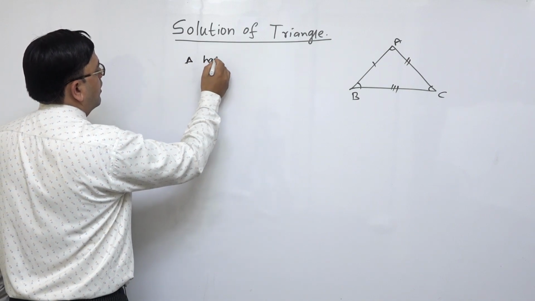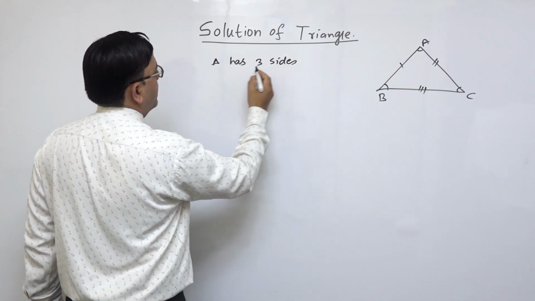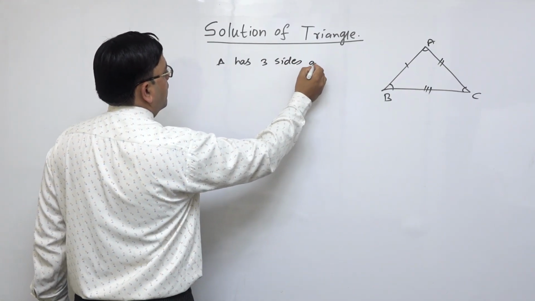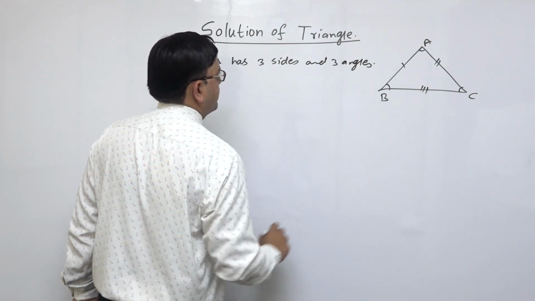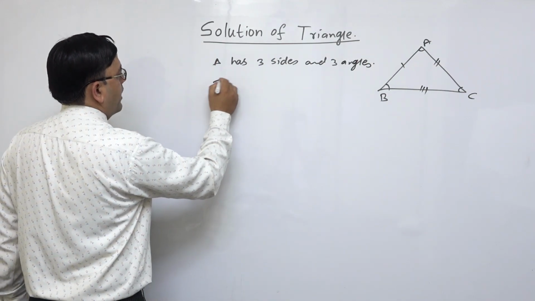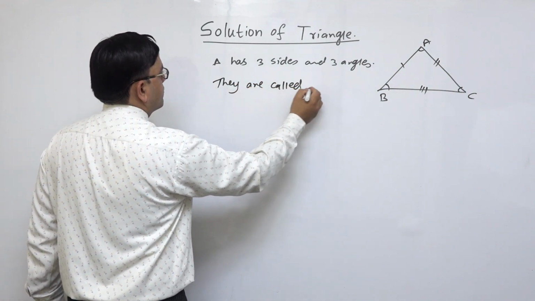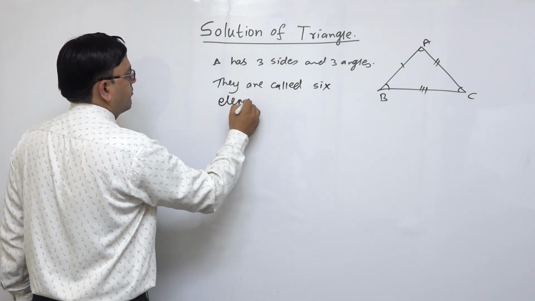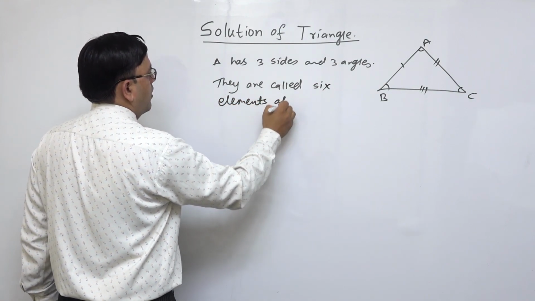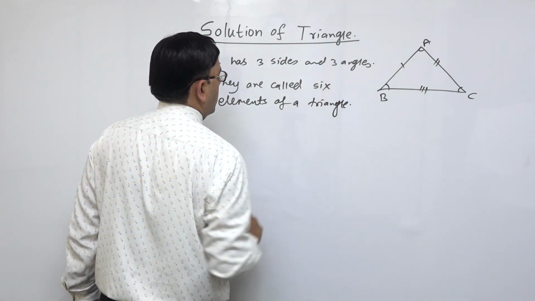A triangle has 3 sides and 3 angles. They are called the 6 elements of a triangle.